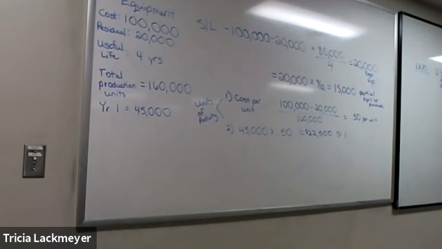Very good. So first we calculate the straight line rate, which is 100% divided by useful life in years, so 25%. Step two, we double that. So 25% times 2 is 50%. Step two, we double the straight line rate.